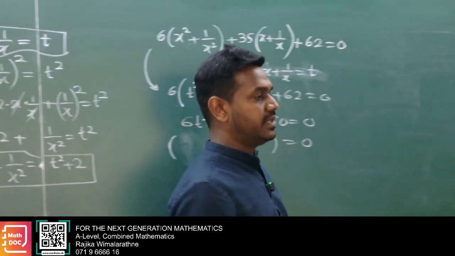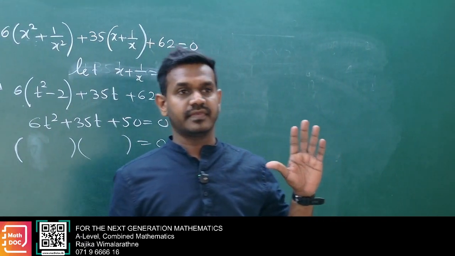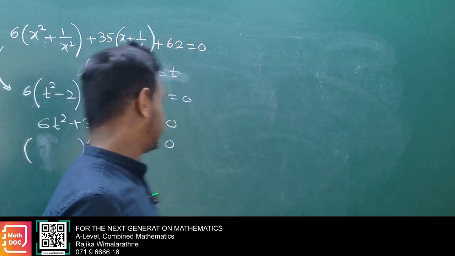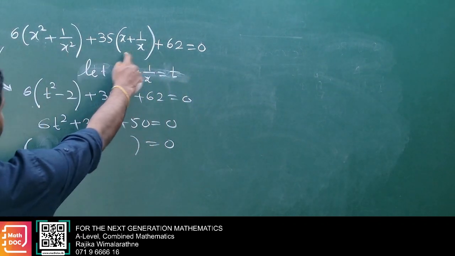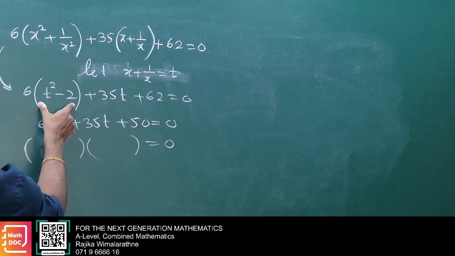Now take this example and complete it. Same substitution: x plus 1 over x equals t, then x squared plus 1 over x squared equals t squared minus 2.